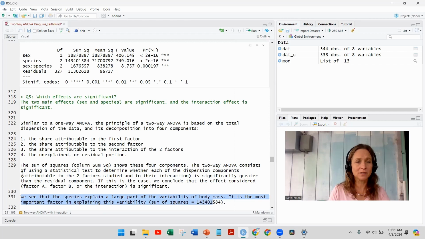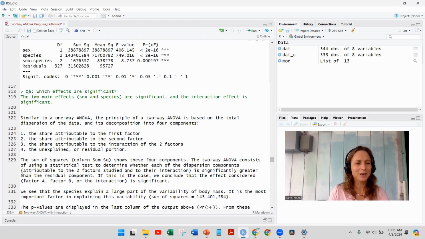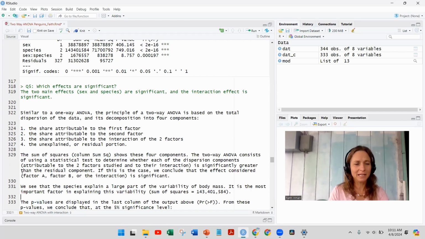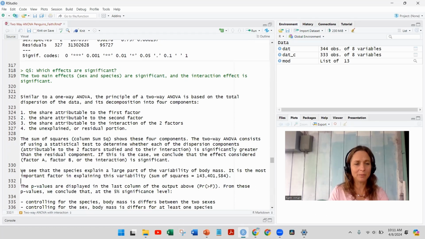The sum of squares is $143,401,584. The p-values are displayed in the last column of the output above.